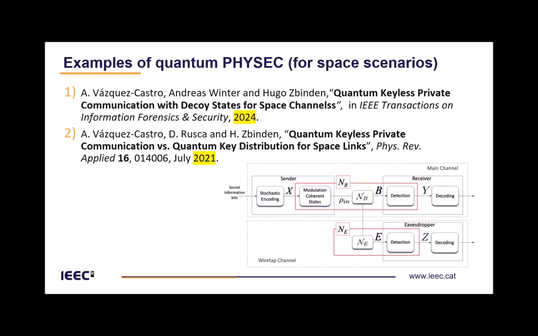But if physicists are happy with that, then we also consider that E can access all the coherent information. So once we have these protocols, our idea now is to combine them with QKD under this crypto agile framework.